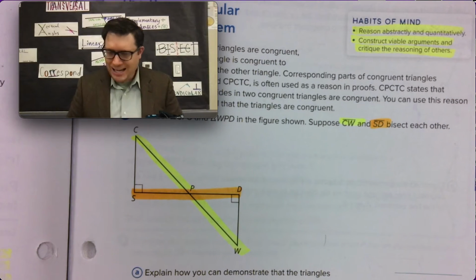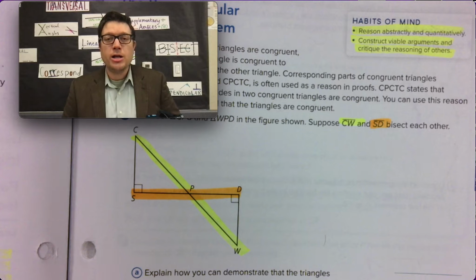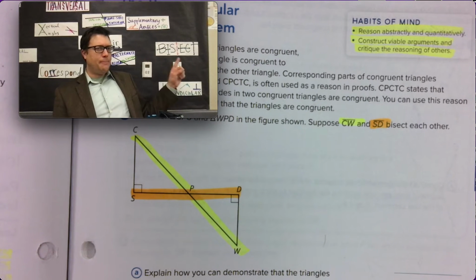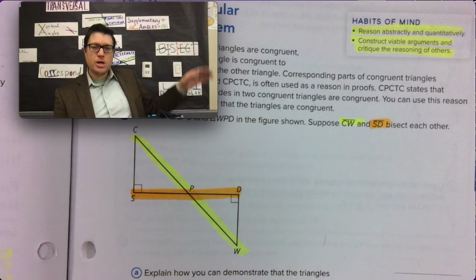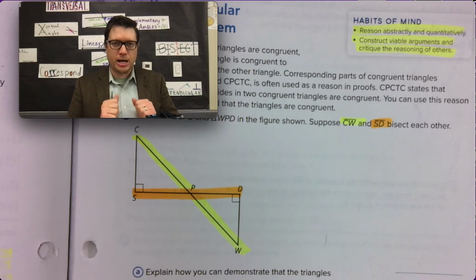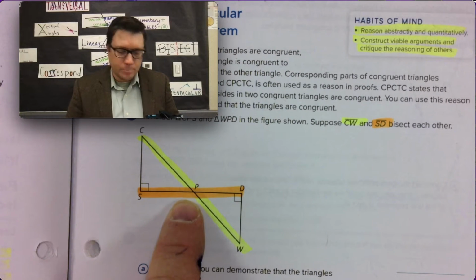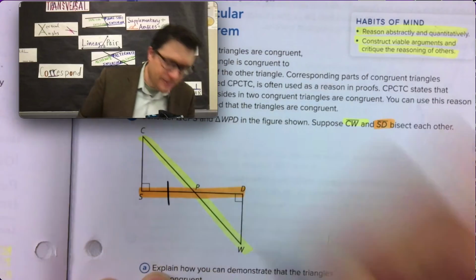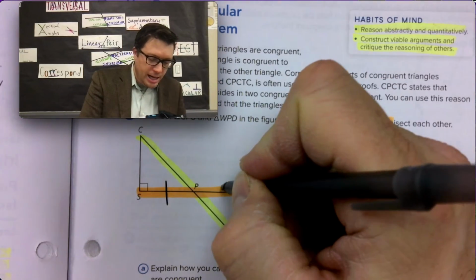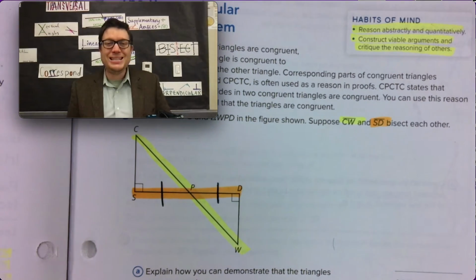Now, if it says they bisect each other, we should add the markings on the diagram that do that. Remember, bisect, word of the day, bisect means to cut in half. So this entire line segment that's orange has been cut in half at point P. With one spike, that means SP has one spike just like PD does.